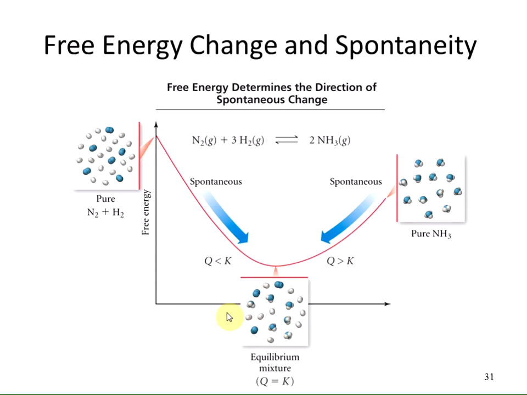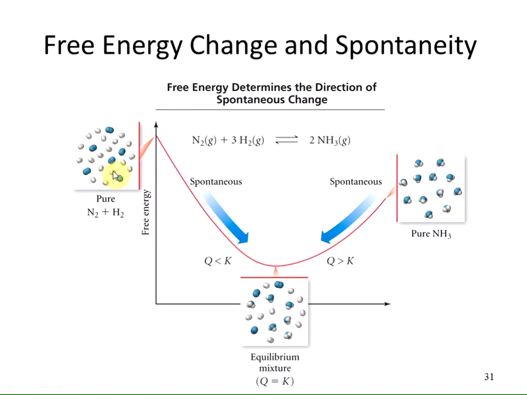Here we want to look at the free energy change and spontaneity. And for the reaction that we're going to illustrate this with, we're going to be looking at nitrogen combining with hydrogen to make ammonia. So as we watch the reaction progress, we're looking at the free energy of pure nitrogen and hydrogen, so we have just our reactants.